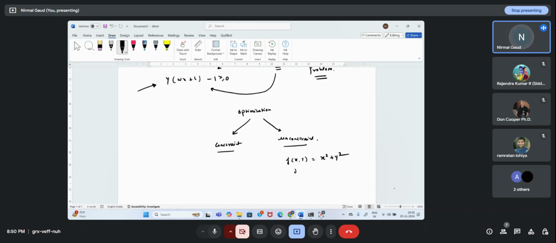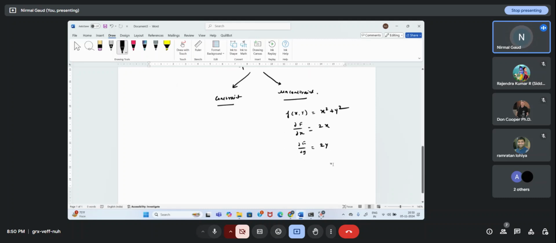I can differentiate del f by del x, that will be 2x, del f by del y, that will be 2y. And you know, in order to find maxima or minima, I need to equate this differentiation, this del f by del x, that is I'm putting like delta 1, that is equal to 0.